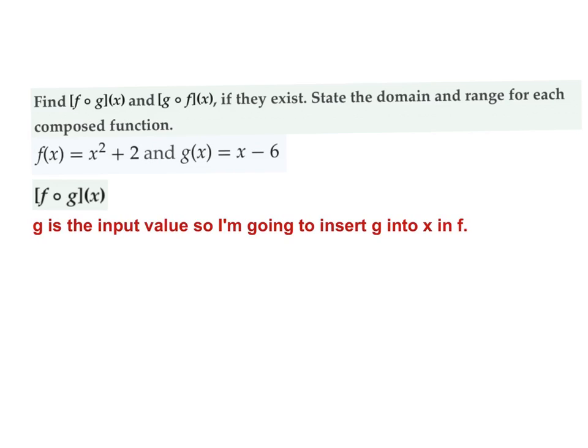Okay, so what this looks like is I'm going to take g of x, which is x minus 6. I'm going to take that entire thing and I'm going to substitute it in for x in f. And then I'm going to simplify.